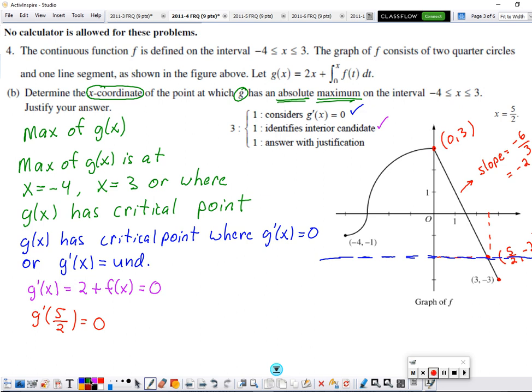So we'll say for starting at -4, all the way to 5 halves, G prime of x is positive. So G is increasing.